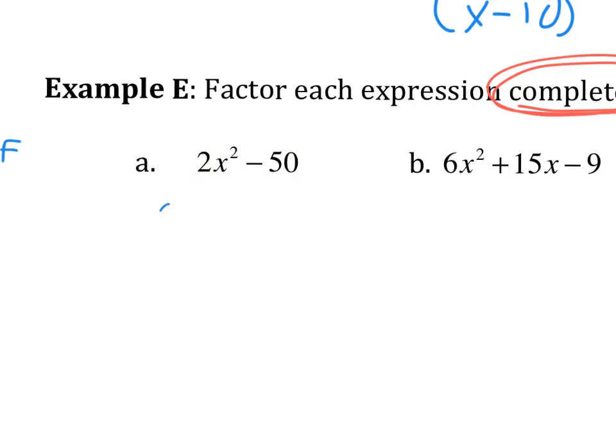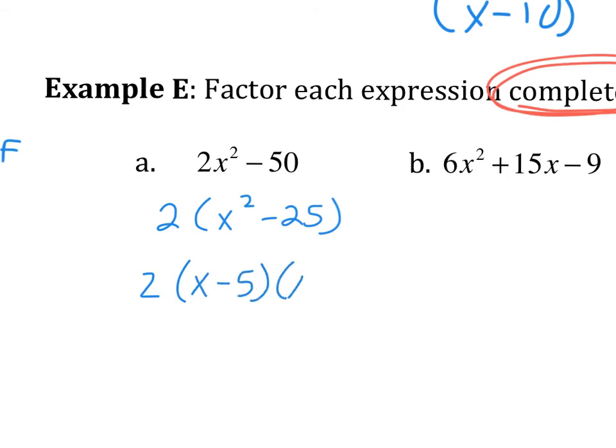So I can factor out a 2. Now, once I factored out the 2, I recognize that inside the parentheses is a difference of two squares. So I'm going to bring the 2 down, and I'm going to factor the difference of two squares as their conjugates. And I'm done.